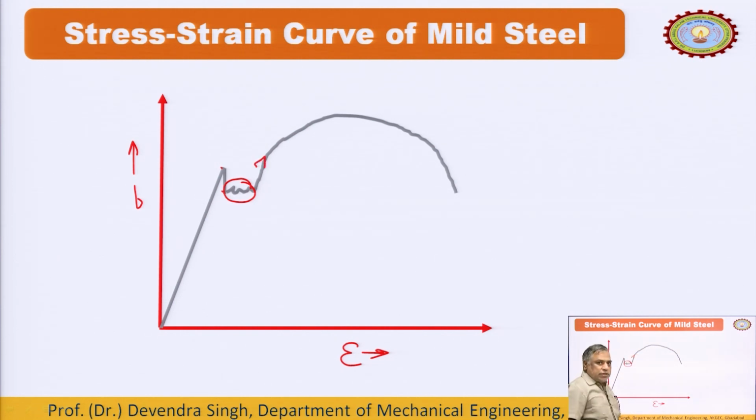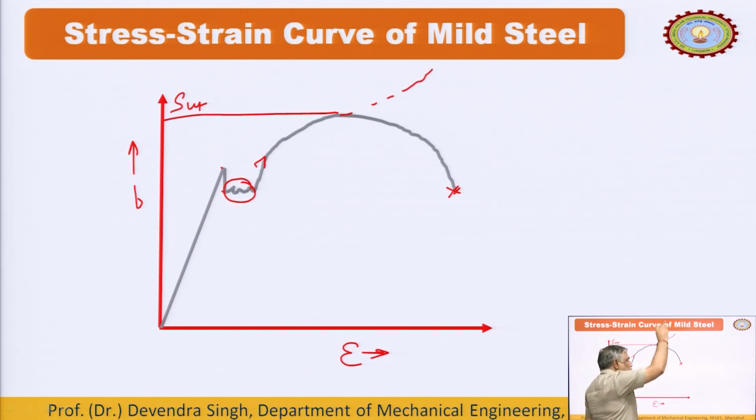The stress strain curve starts rising again, and it reaches the highest point, called the ultimate point in tension. After that the plastic flow starts and necking takes place, and this is the fracture point. This is the true stress strain curve for this material up to the fracture point.